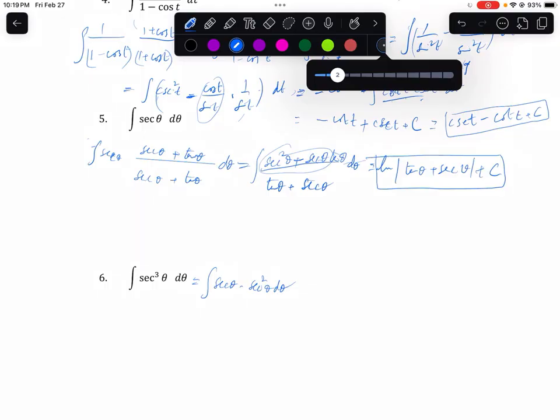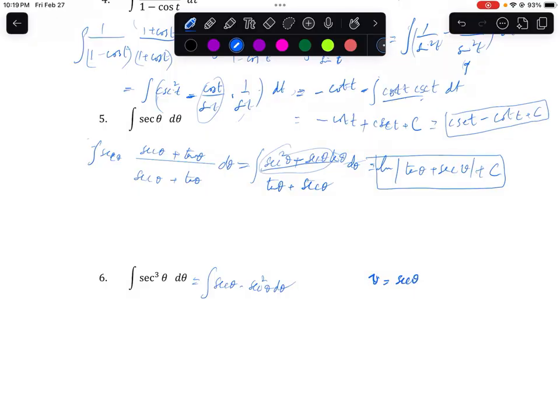So we said u is equal to secant theta, and dv is equal to secant square theta d theta.